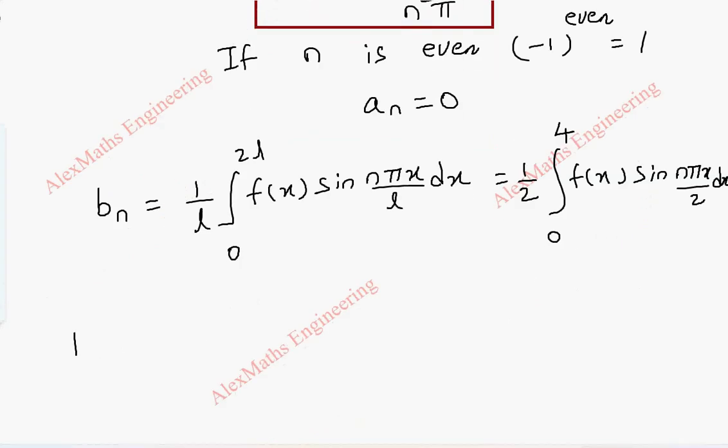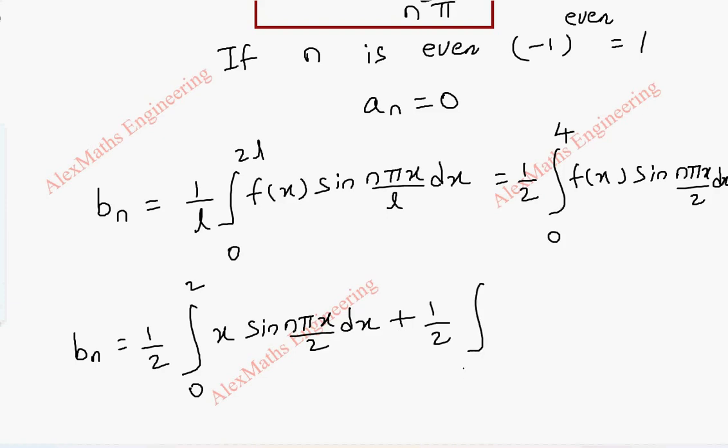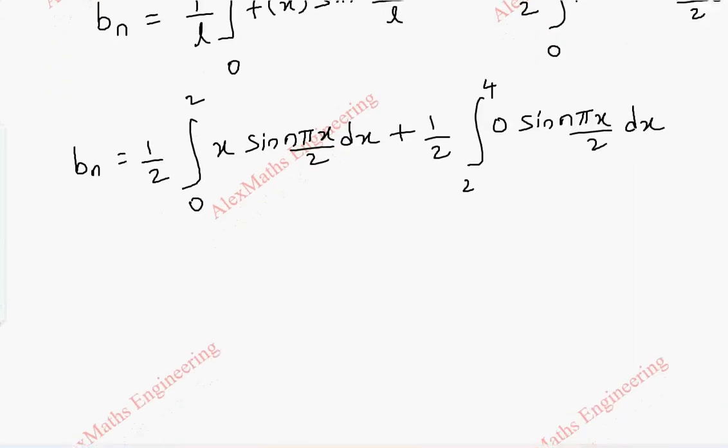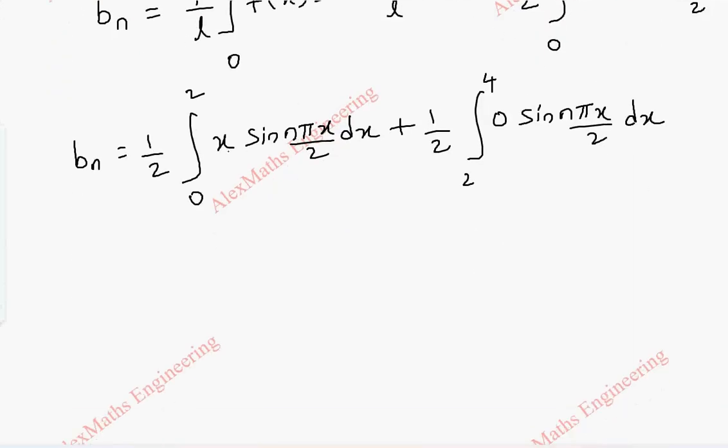Now we are going to split this into two parts, 1 by 2 integral 0 to 2 f of x is x, and we have sin n pi x by 2 dx. Again half integral 2 to 4 f of x is 0 into sin n pi x by 2 dx. Anyway, the second part is completely 0, and this is u and this is v.